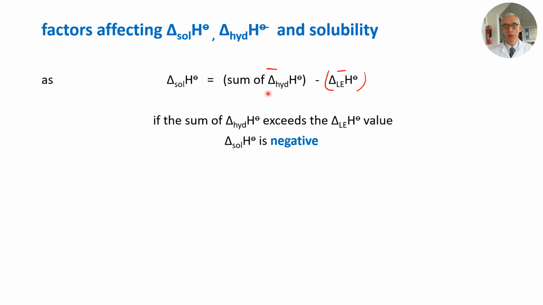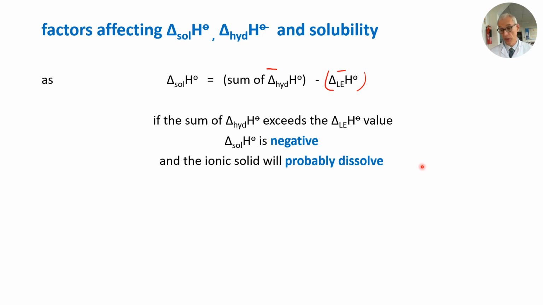So if the sum of the enthalpies of hydration, which of course are all negative, exceeds the magnitude of the lattice enthalpy, then the enthalpy of solution is negative, and we assume at this point that the ionic solid will probably dissolve.